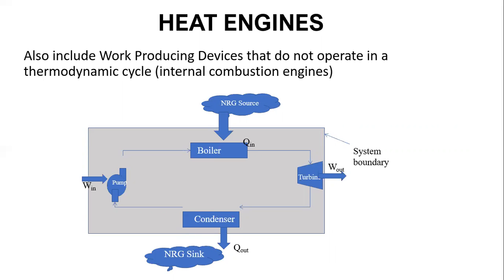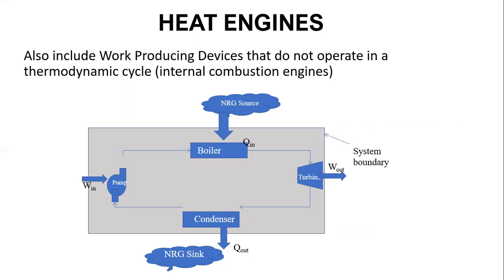We're going to start at Q in. I hope you're able to see my cursor. At Q in, we receive heat from a high temperature source. Remember the previous examples, which are solar, oil, nuclear reactor, whatever the energy source can be, right?